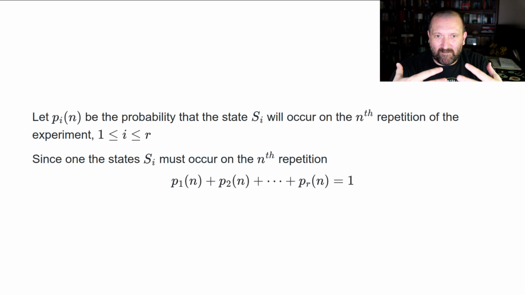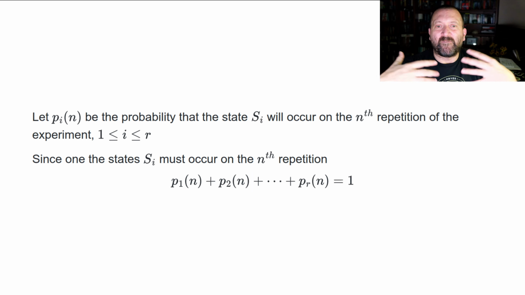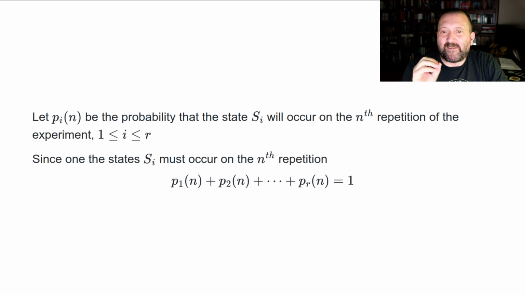So we're assuming that whatever happens, something must happen. And that means the system must be in one of the states we consider. That means that if I'm looking at the nth repetition of my experiment, then at that nth step, one of the states must have happened, at least one. Because I'm looking at the probability to be in a state, the probability to be in one of the states must sum to 1. I must be in one of the states.